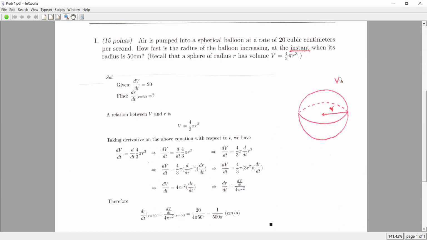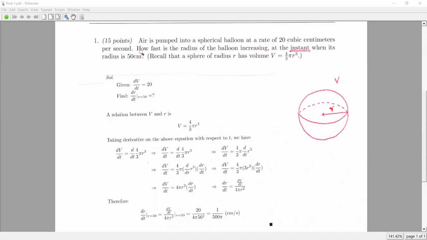So they are functions of time t. The increasing rate of the volume is 20 cubic cm per second. That means the derivative of V with respect to the time t is 20.